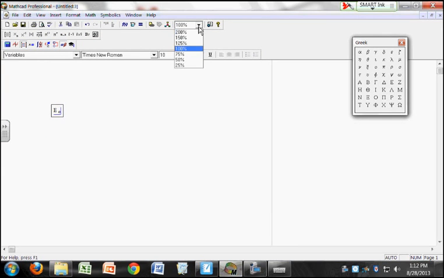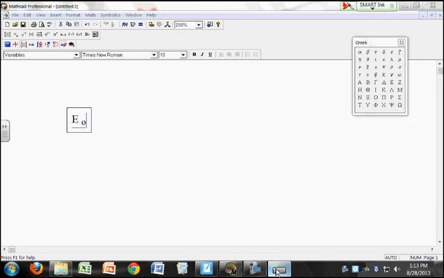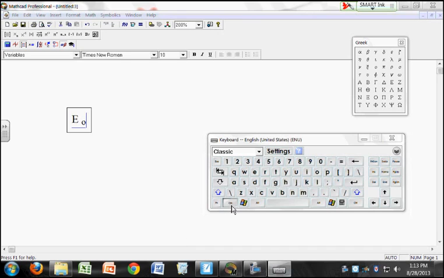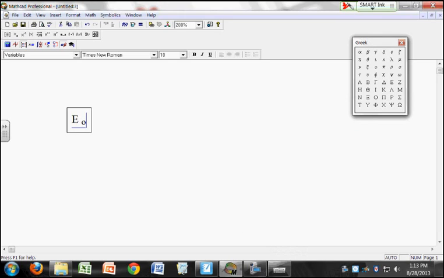Let me make this big. So instead of equals or colon, I hold down the control key, this control key right here, while pressing the equal sign. So control key equal. You can see that equal sign right there is thick. And then square root. How do you do square root?